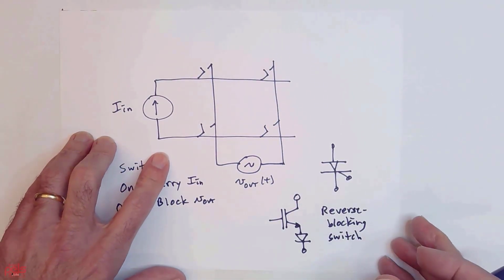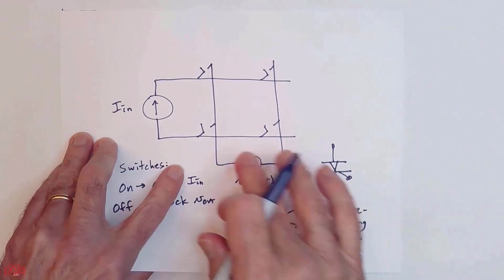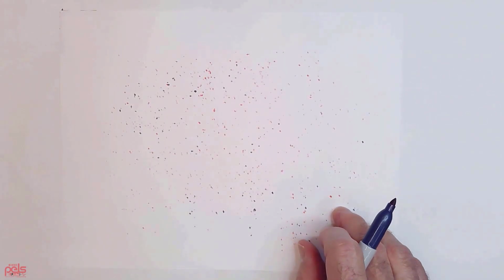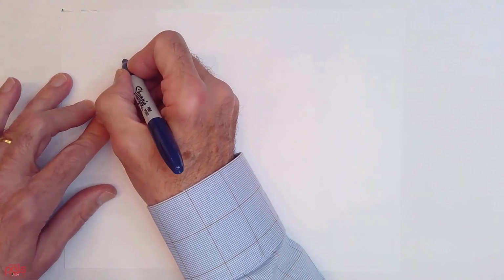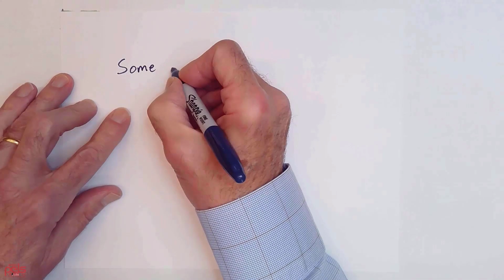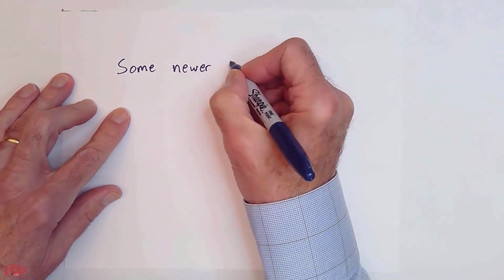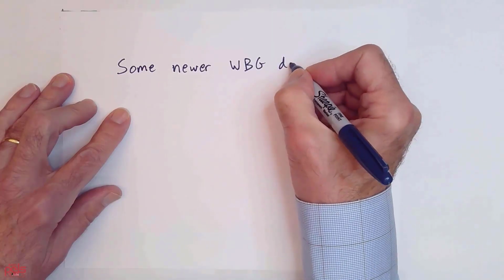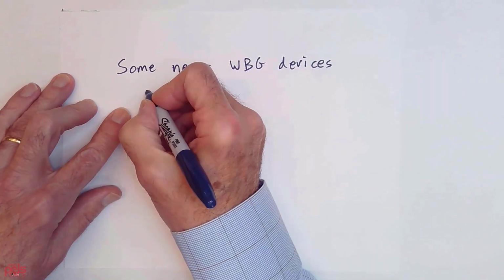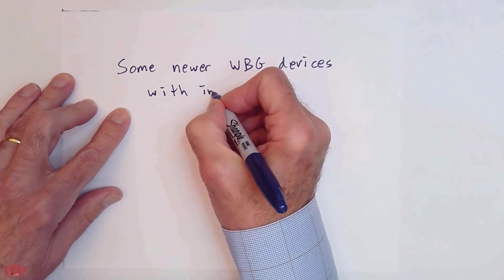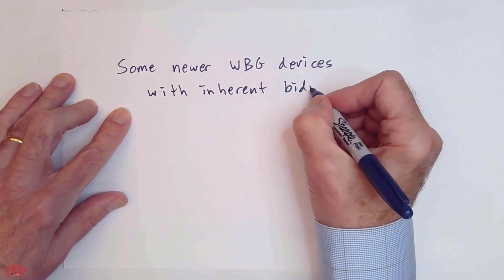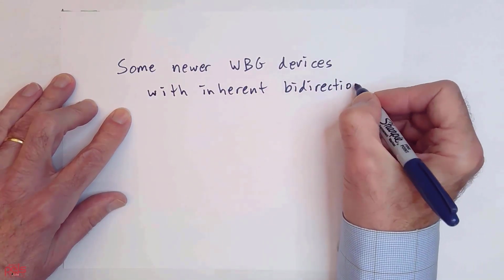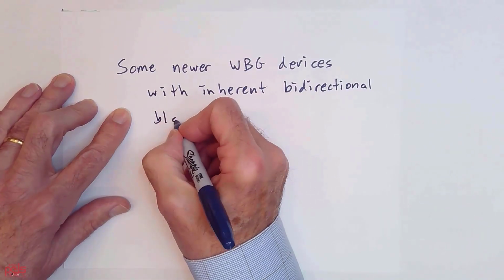Now, one of the things that's changed that has made people begin to revisit this circuit is that it's becoming easier, right? There are some newer wide bandgap devices with inherent bidirectional blocking capability.